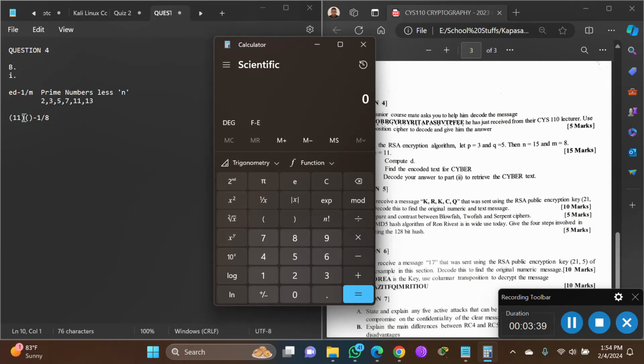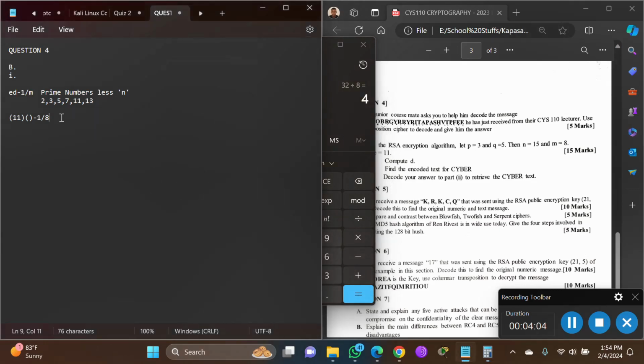Again we have 11 times, and here we compute with 3, giving us 33. Then minus 1, we get 32. Finally we divide by 8, and we get a whole number, which is 4.